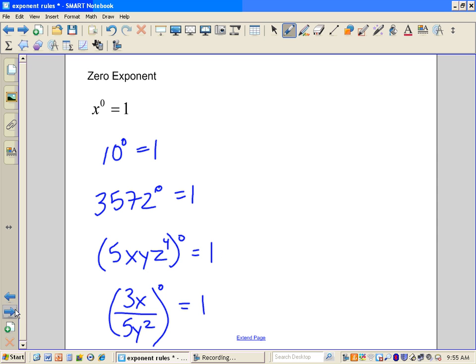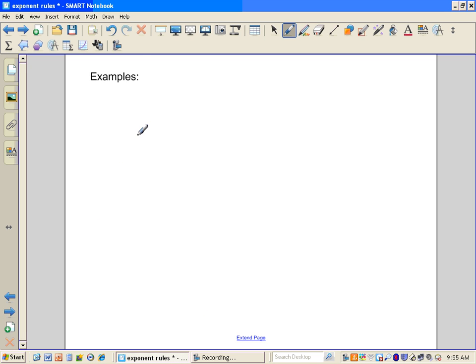Let me give you one example here to leave you with, where we combine a bunch of the different rules, okay? So let's say I have 2x to the 5th raised to the 4th multiplied by 5x to the 3rd squared. Well, it looks like the first thing, just like with PEMDAS order of operations, we need to take care of the parentheses first.